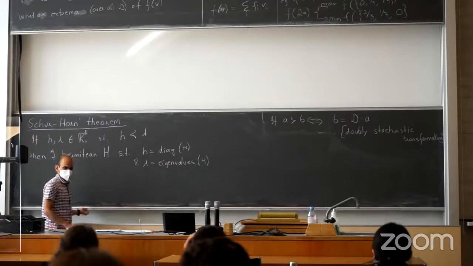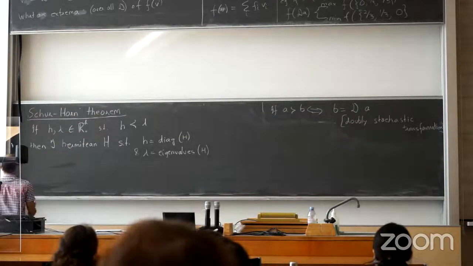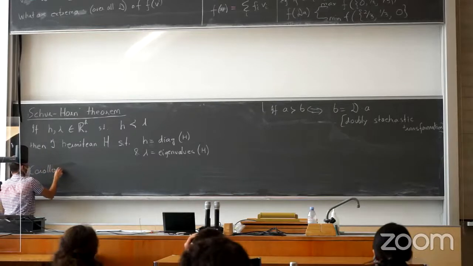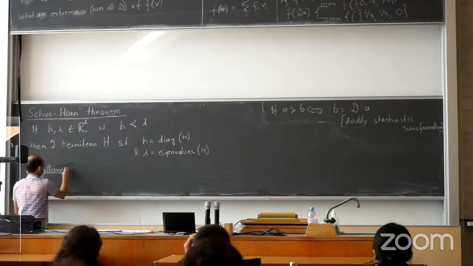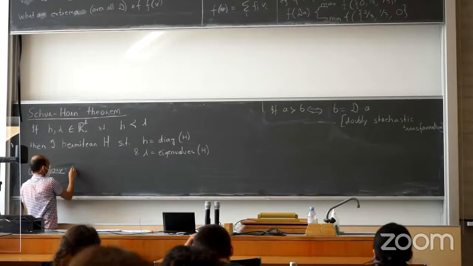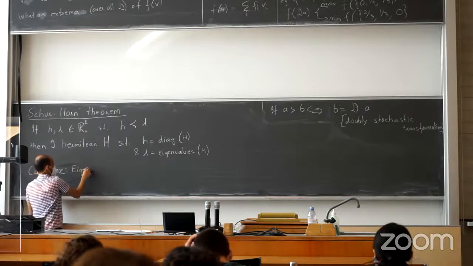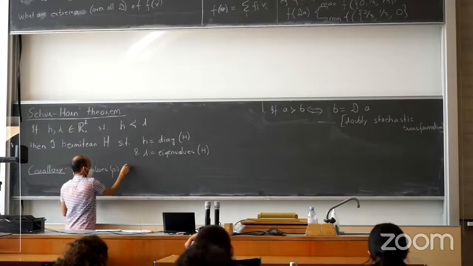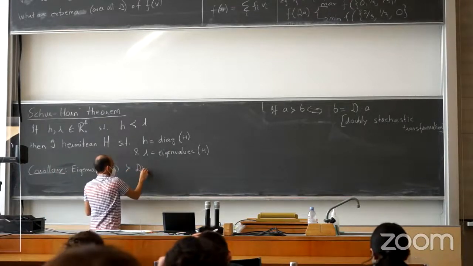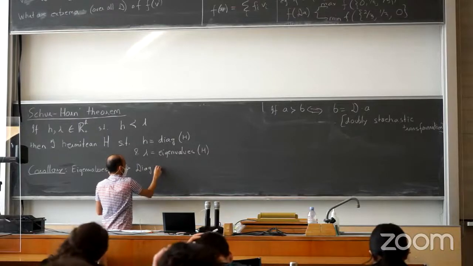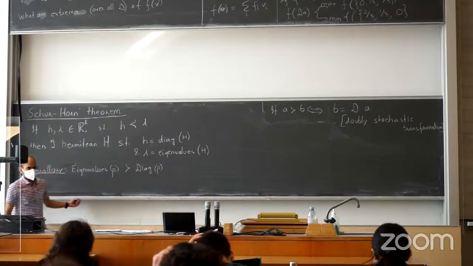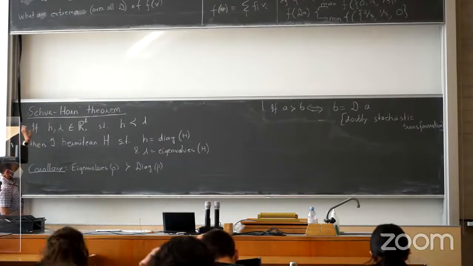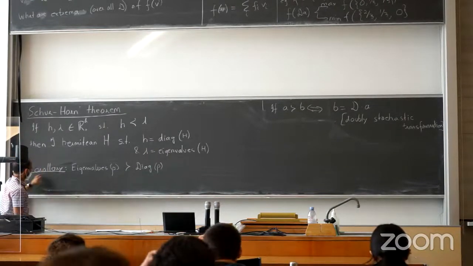Now, the corollary that is of particular importance to us is that the eigenvalues of rho always majorize the diagonal elements of rho. So this is a corollary, and I'm going to prove this corollary. This is the Schur theorem in full generality. I'm not going to prove the theorem, but I'm going to show you how the corollary works. This is particularly simple.